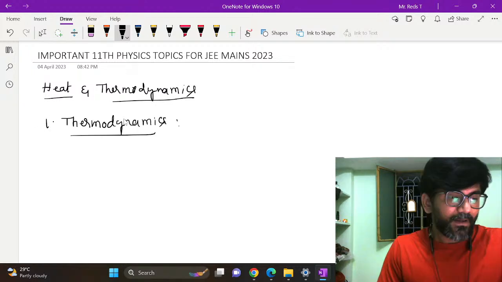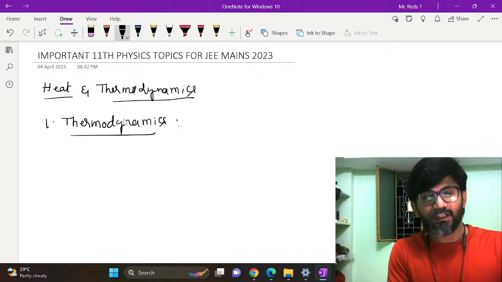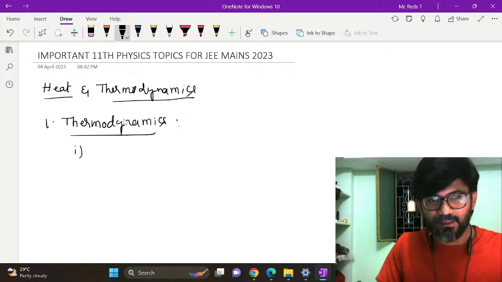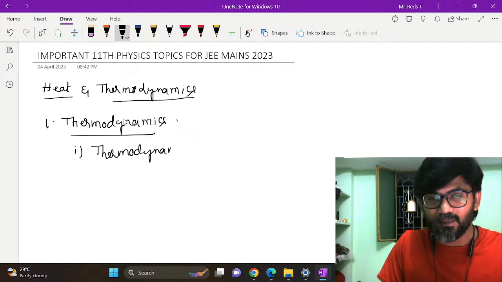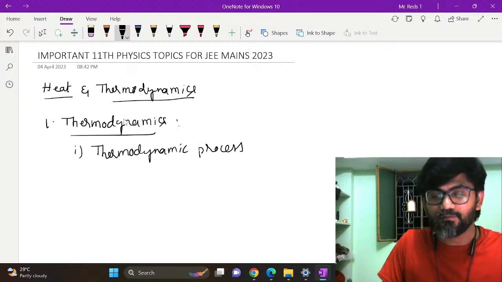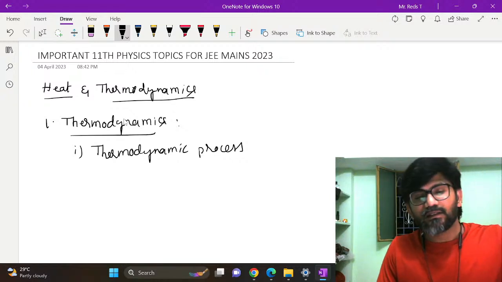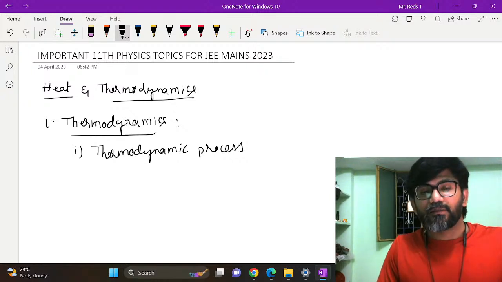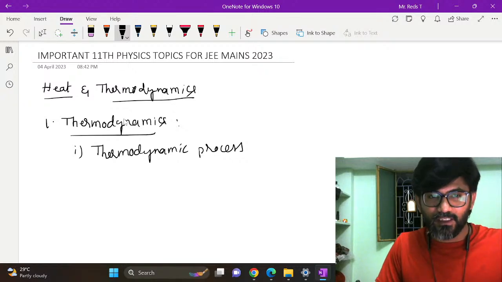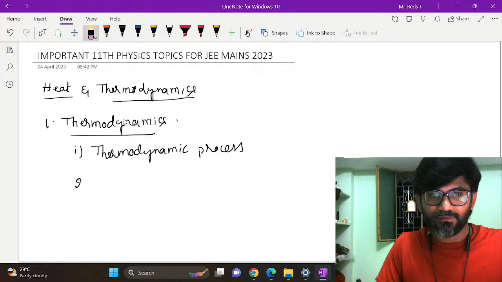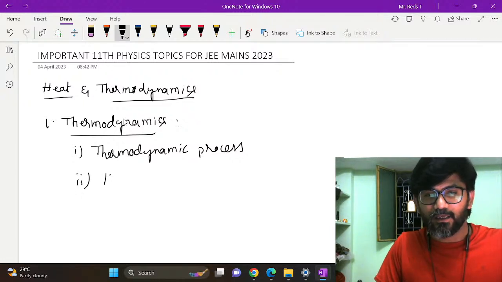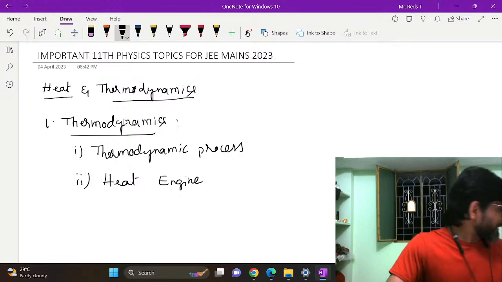The first, the highest weightage topic in this is thermodynamic processes, and the next one is heat engine and the second law of thermodynamics, problems based on heat engine, and efficiency of heat engine.